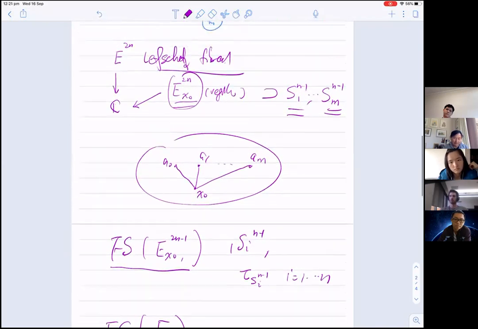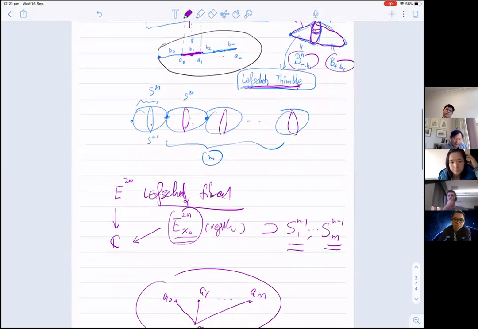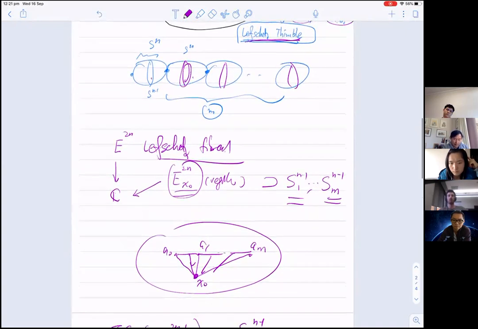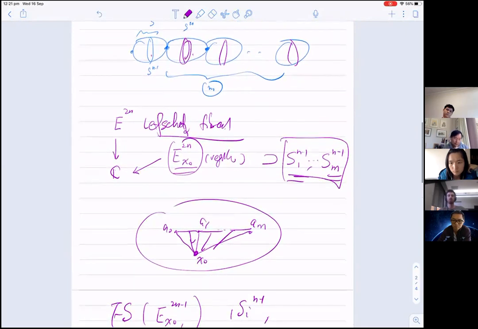And here, these are different, but we move them back to the same fiber by choosing some loop, so that all these will be identified to this. There may be some way to do this.